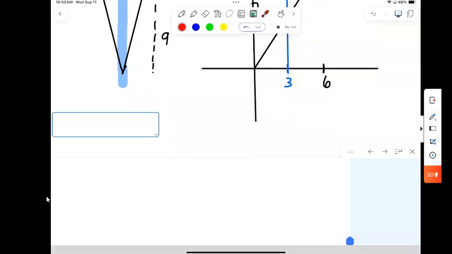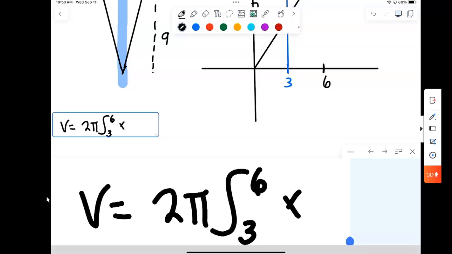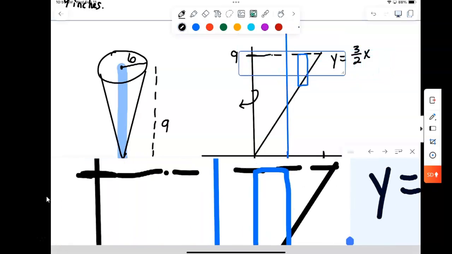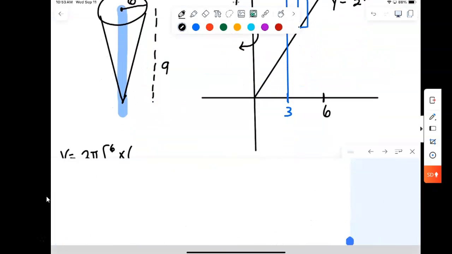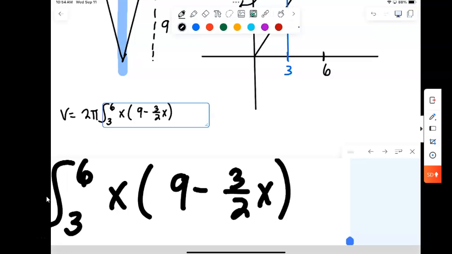So the volume is going to be 2 pi times the integral from 3 to 6 of x times the height of our section, which is 9 minus 3/2 x, dx.